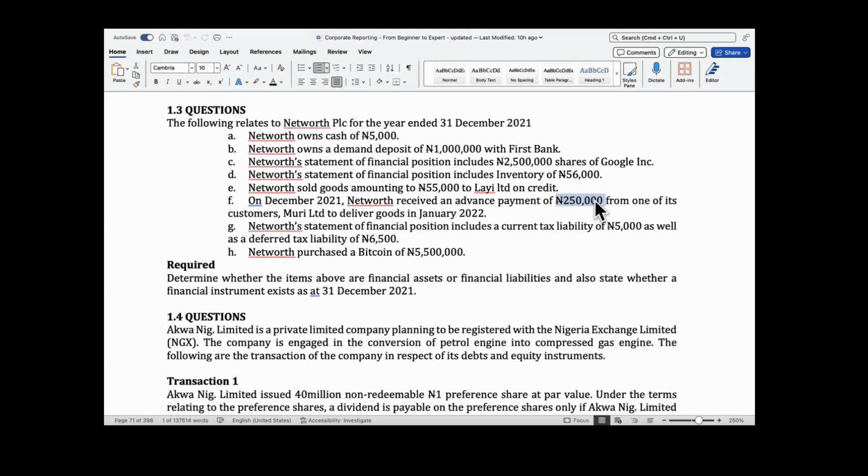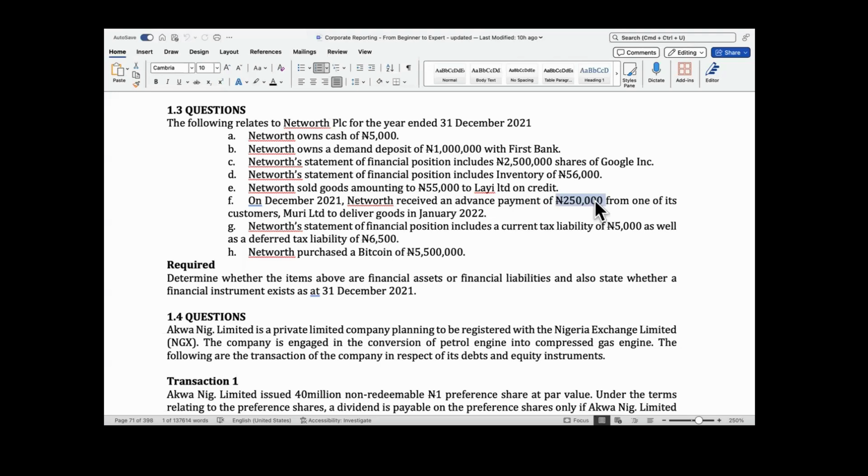Again, Net worth in this case does not have a financial liability. In fact, this is what IFRS 15 calls a contract liability, which is not a financial liability. Why? Because Net worth only has an obligation to deliver goods to Muri.